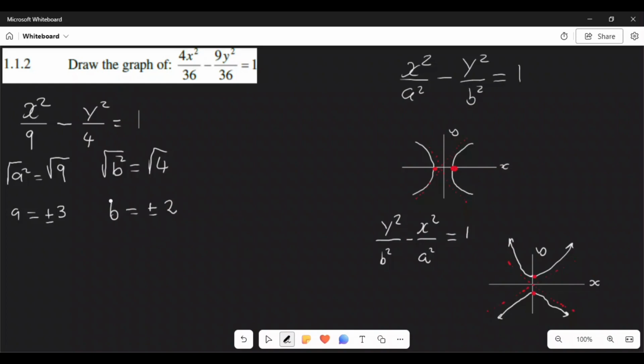Right. So basically, these are the ones that we have here. Since we know this is going to intercept at x, we know that our graph is going to look like this, meaning this part here is going to be x. But then how do we get these lines here, the lines that our graph is asymptoting at?